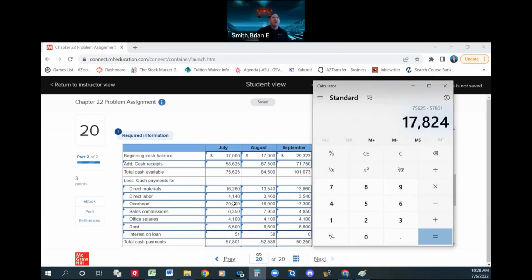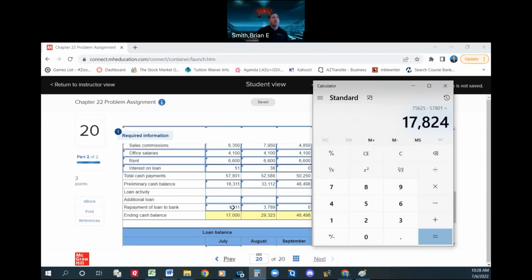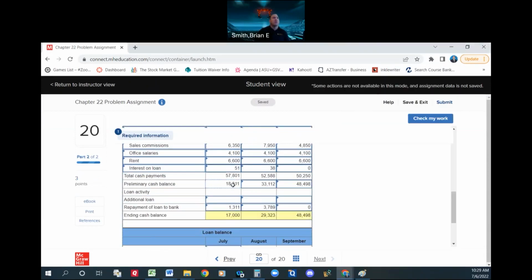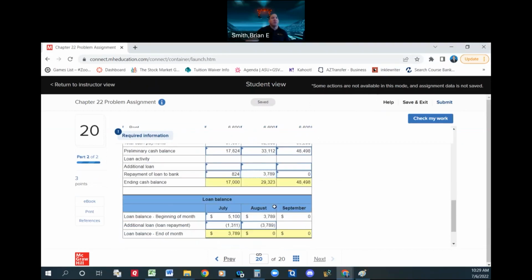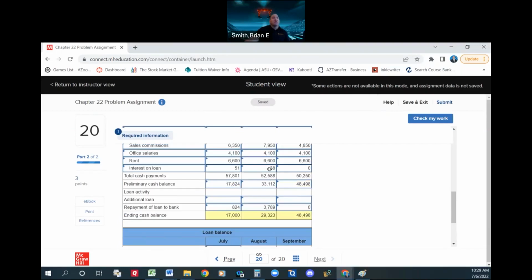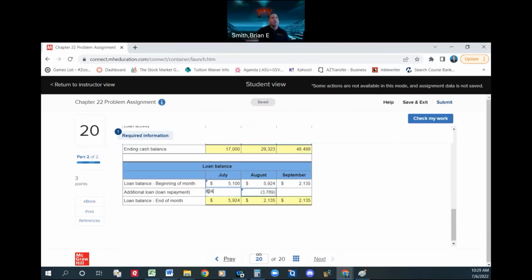That gives us 17,824. So we're only going to pay off 824. So now our interest here is going to be $59. No. Oh, a negative there. $43.